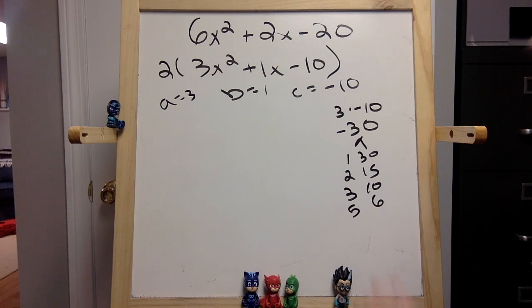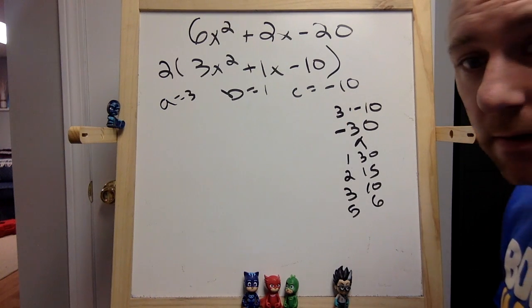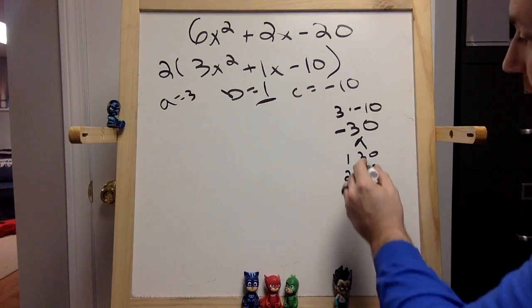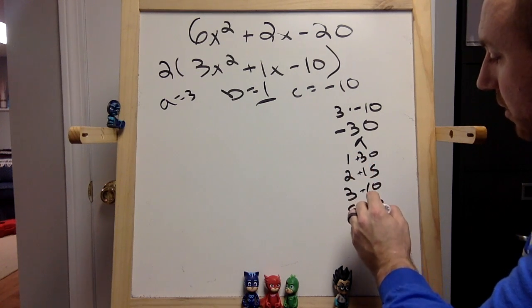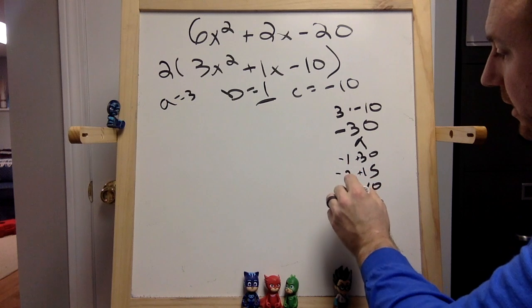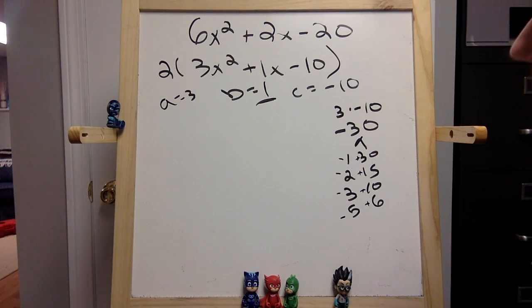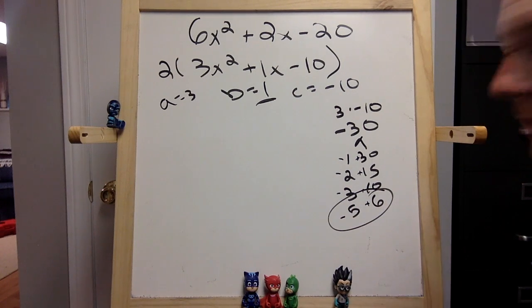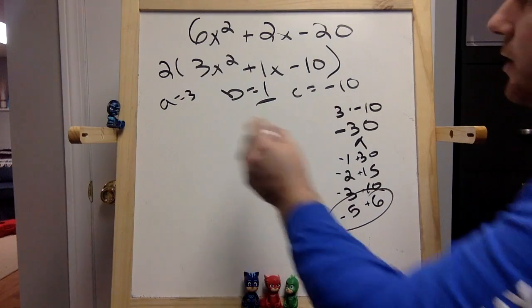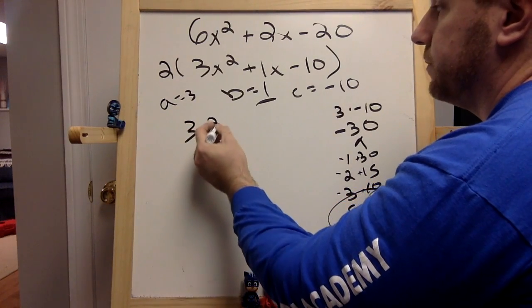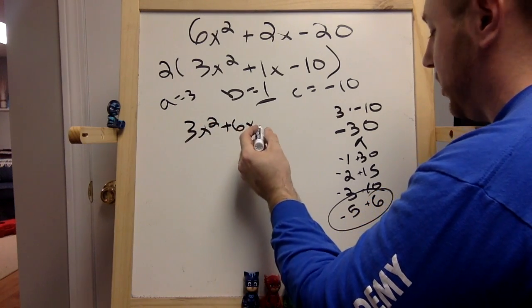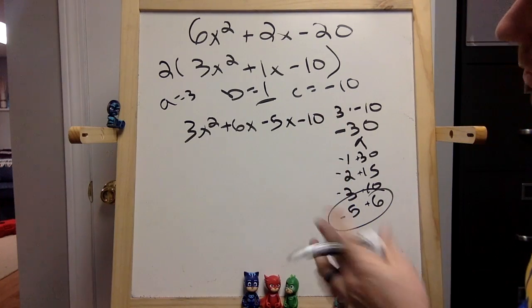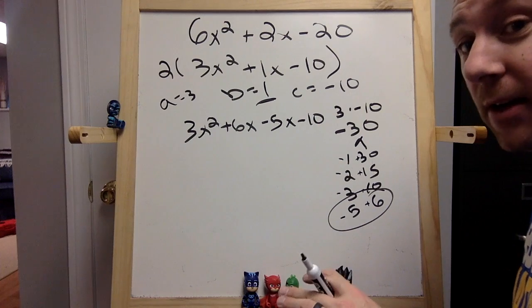And I look, oh, again, C is negative, but B in this case is positive. So that means my bigger numbers are going to be my positive numbers, and the smaller ones are going to be my negative numbers. So I can immediately realize that to get 1, I need a negative 5 and a 6. So I'm going to replace that middle term, and I'm going to be strategic with it, because 3 and 6 kind of go together, 5 and 10 kind of go together.